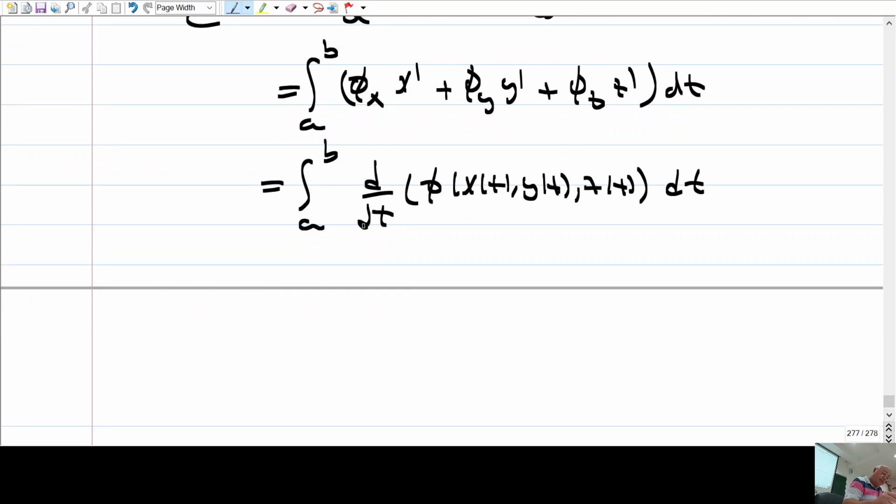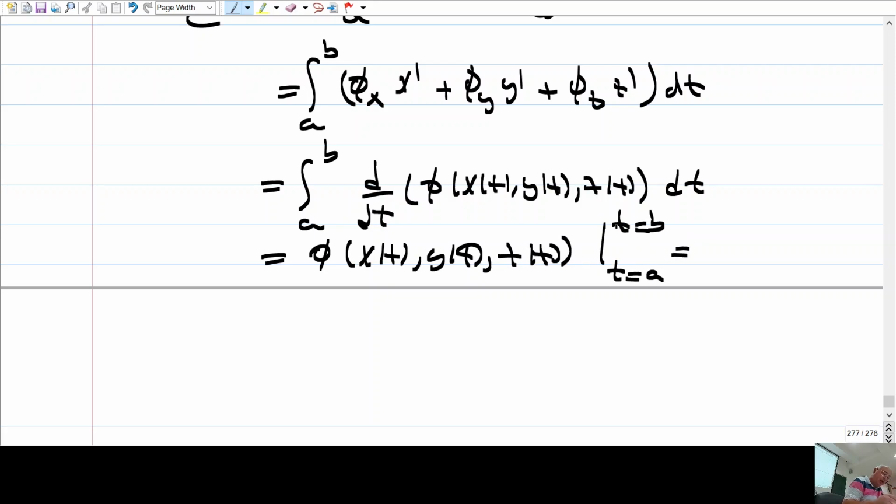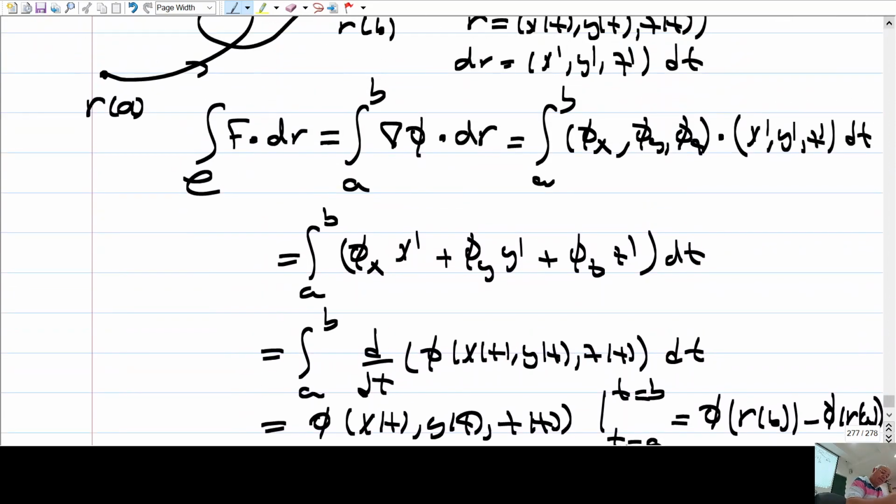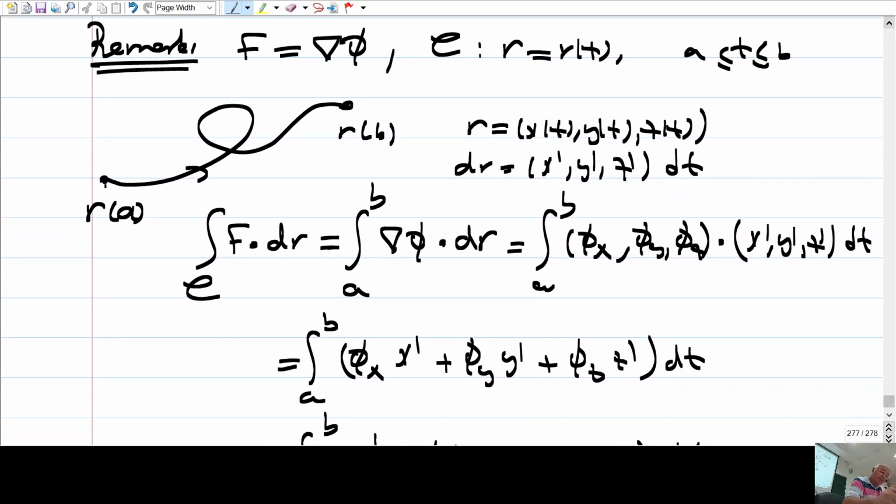But I am taking the derivative and then the integral of this, so by the fundamental theorem of calculus, this is phi of x(t), y(t), z(t) computed at t equals a and t equals b. When you plug in b, you get phi of r(b), minus, when you plug in a, you get phi of r(a). So this integral is just the difference of the values of the potential function at the endpoints.